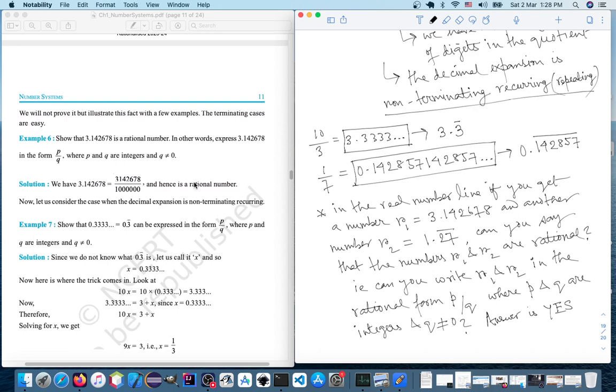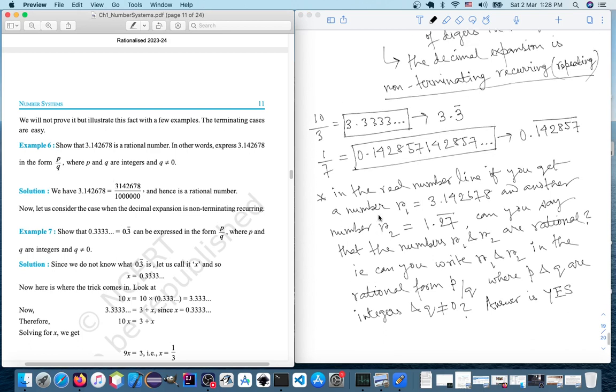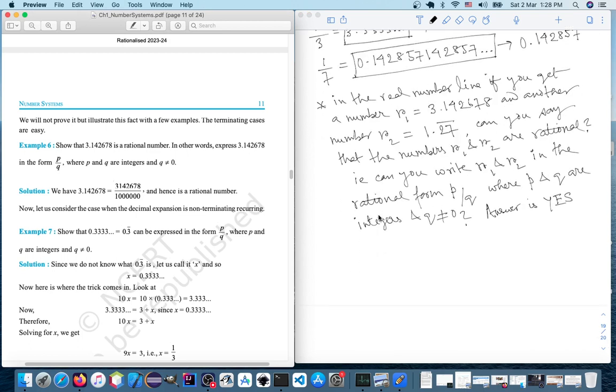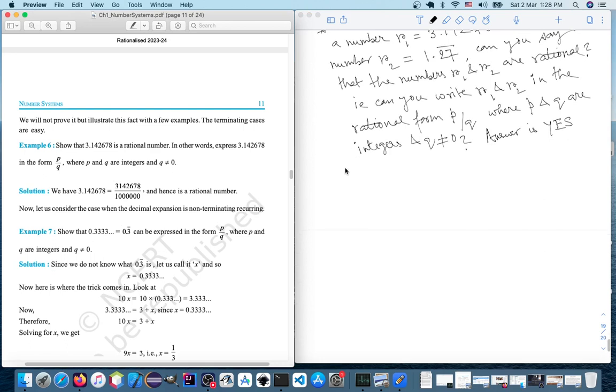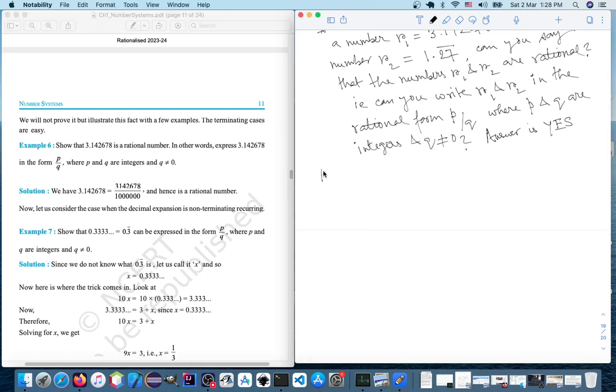So the terminating cases are easy. The last point which I have marked with a star, the book explains through examples. So let's see what the example says.